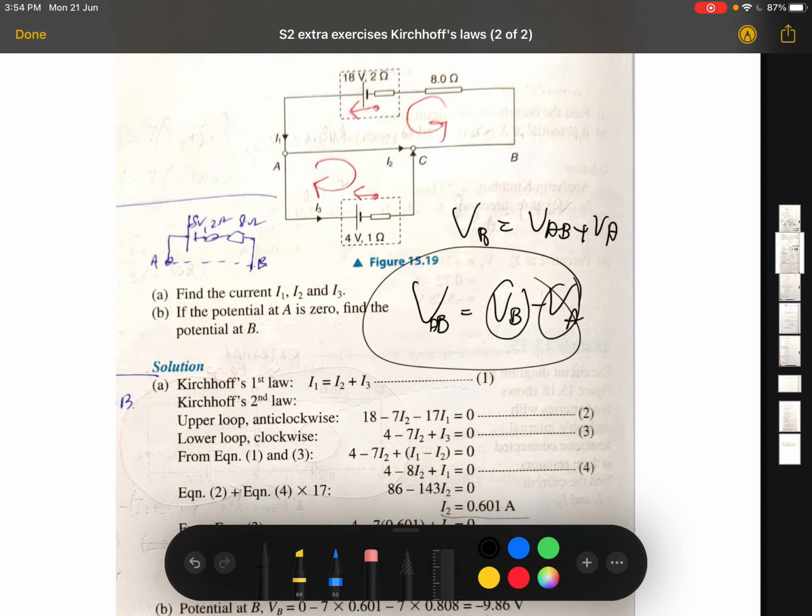Based on this, you know A is 0. So VB is equal to VAB. So how do you know what's VAB? VAB is this way, from A to B. So what do you get from A to B? How do I know the resistance from A to B?